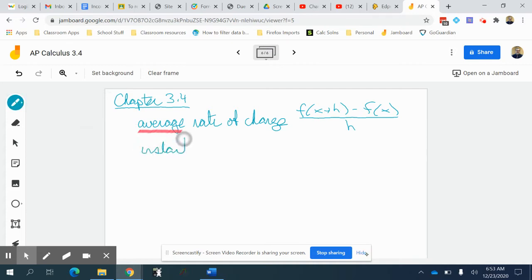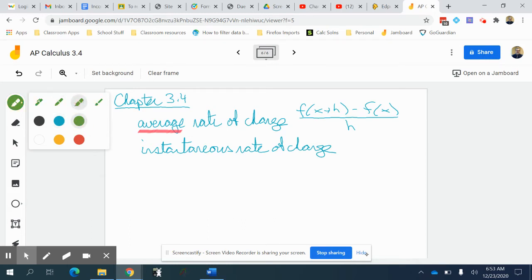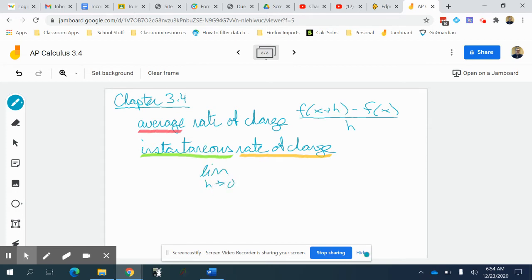Instantaneous rate of change. And as it turns out, you don't have to have the word instantaneous. If you see either the word instantaneous or just the words calculate the rate of change at x equals, then what you are looking for is the limit as h goes to 0 of that difference quotient from the previous definition.